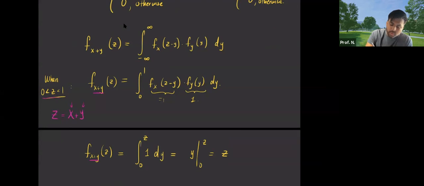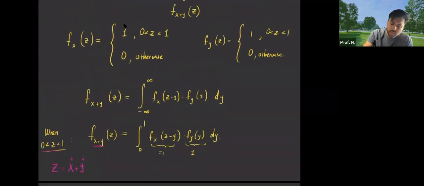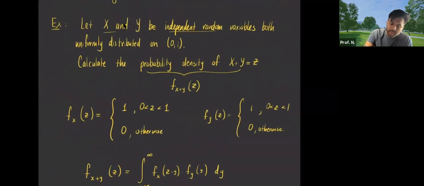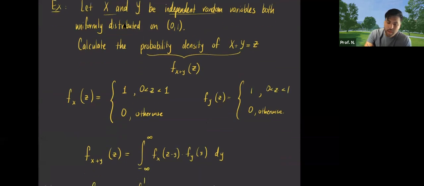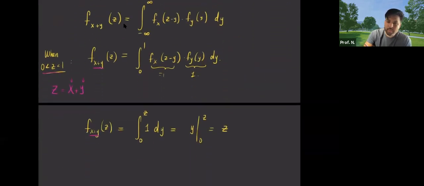Think about it: x and y are uniformly distributed. If x could be anything between 0 and 1, and y could be anything between 0 and 1, what's the maximum that x and y can be when you add them up? So z can be as big as 2 and as small as 0.